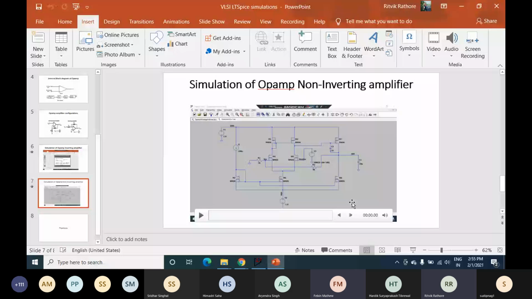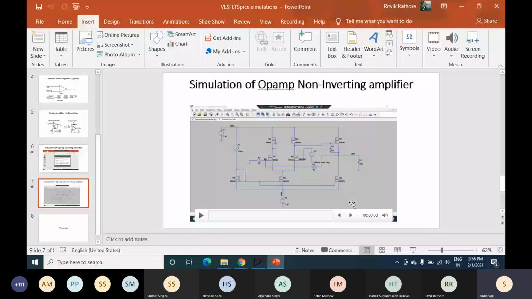Yes, compensation capacitance. Miller compensation technique will add an extra low pass pole. So obviously your cutoff frequency will move slightly towards left, but it depends on the capacitance. Based on how much capacitance, the pole's location will be determined.